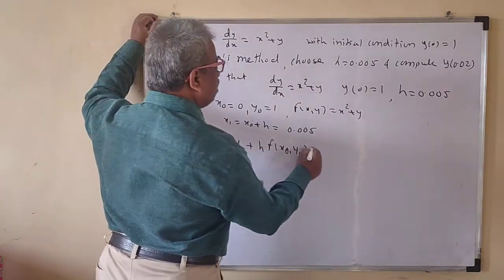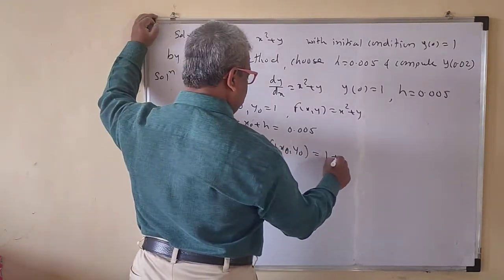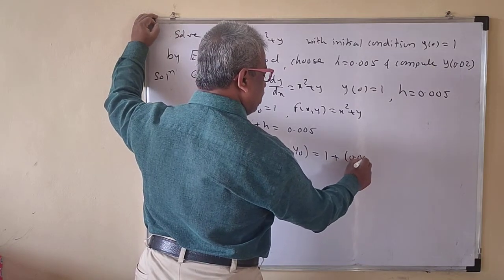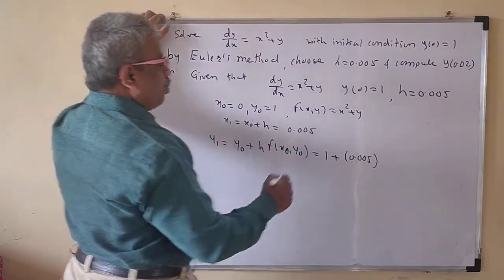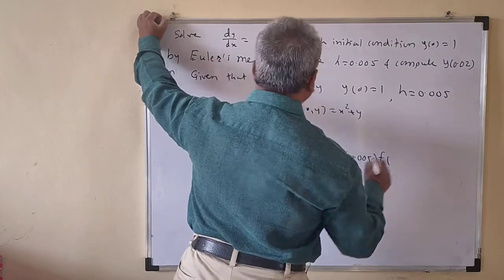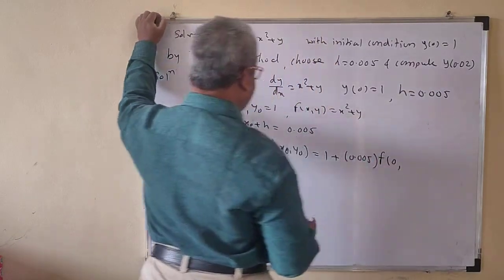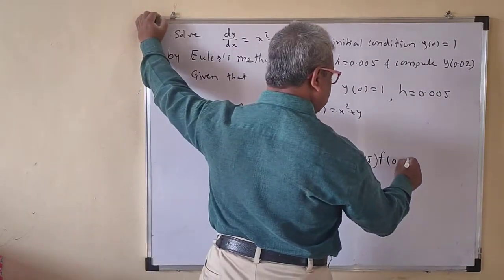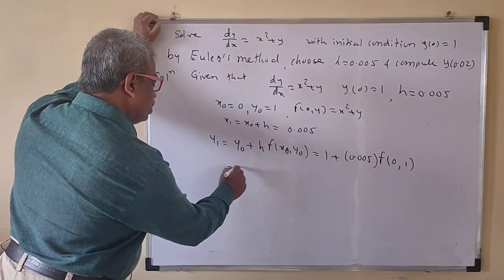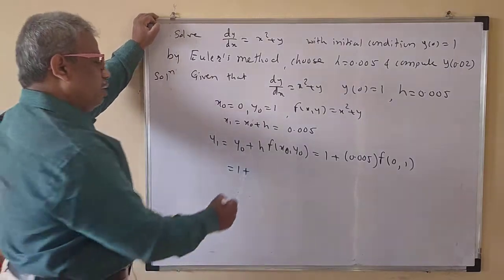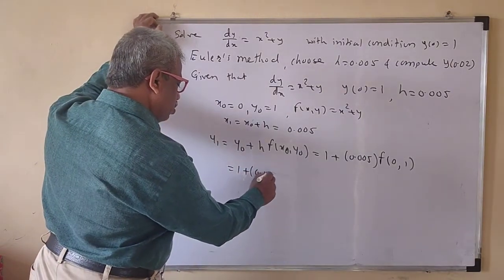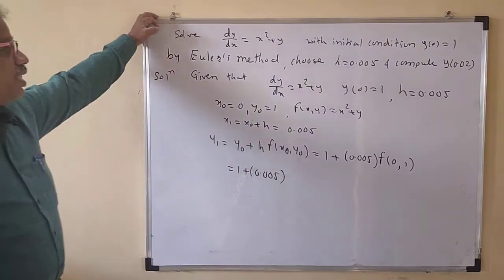So what is your y0? Your y0 is 1 plus your h is 0.005 f of what is your x0? Your x0 is 0. What is your y0? Your y0 is 1. Okay. So now this is 1 plus 0.005 f of 0, 1.